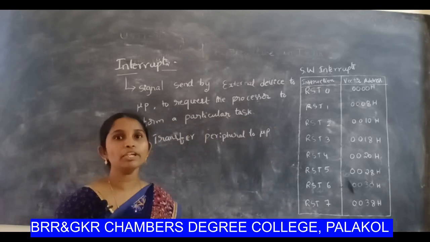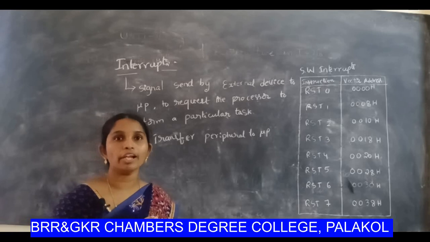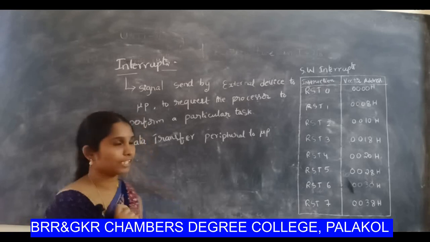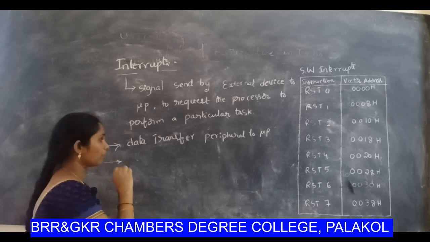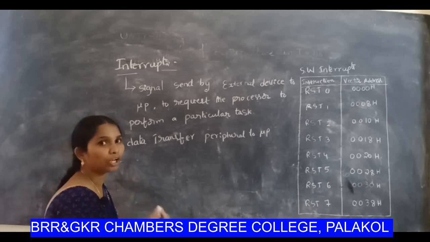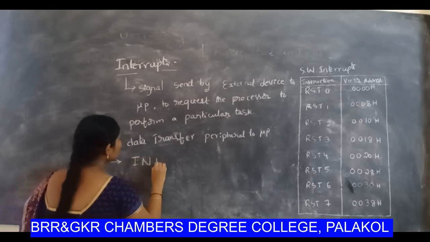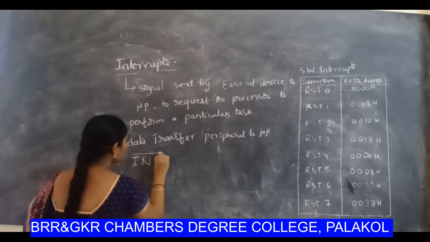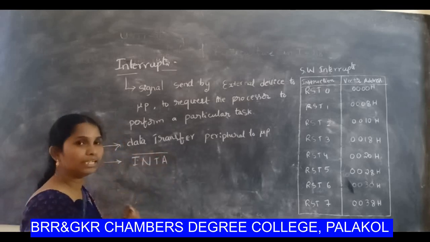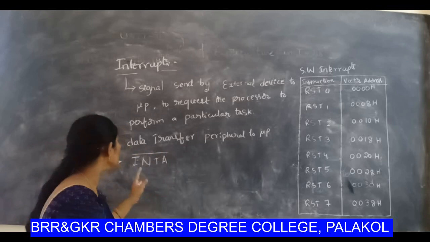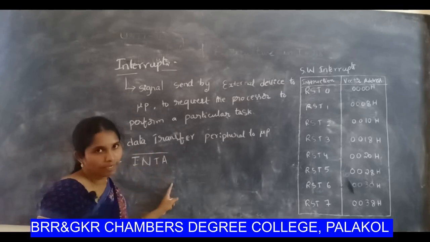After receiving an interrupt, the microprocessor sends an acknowledgement to the peripherals. That signal is called INTA bar. The bar means it is an active low signal, and INTA is nothing but interrupt acknowledgement.